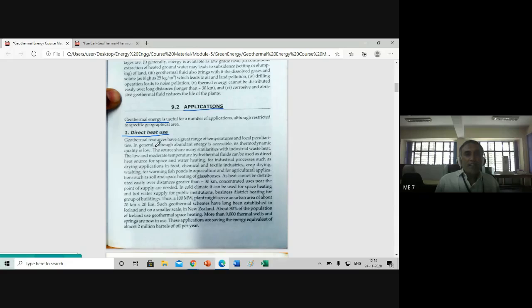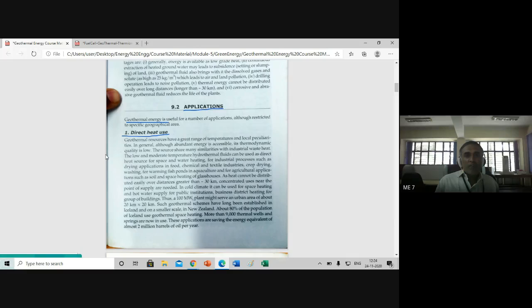Direct heat use: geothermal energy resources have a great range of temperature. Its thermodynamic quality is low. The sources share many similarities with industrial waste heat.